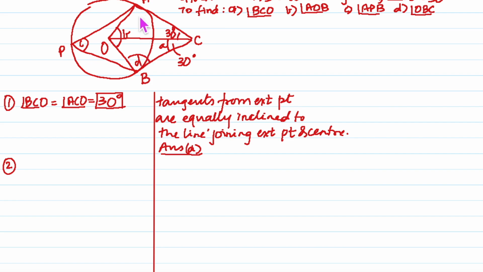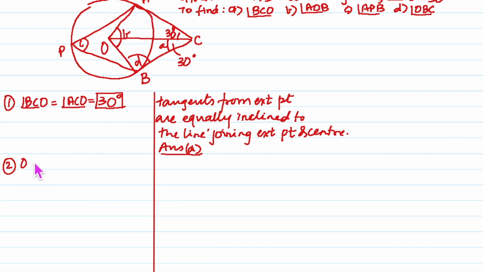Either that, or we can say that in this quadrilateral AOBC, this is 90, this is 90, so this and this also will add up to 180 degrees. Or you can say that this angle plus this angle plus this angle plus this angle equals 360 degrees. But even prior to that, we'll have to prove that this is 90.